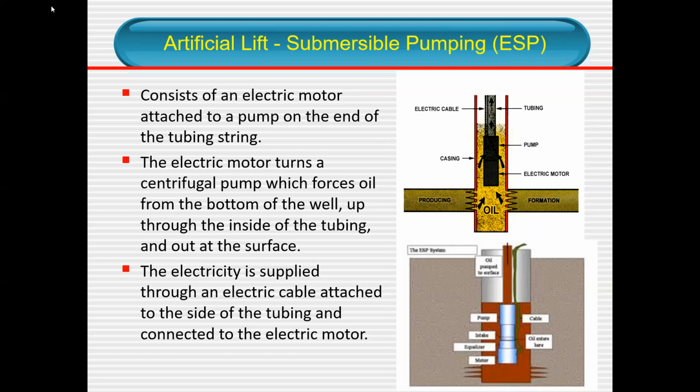This ESP, electrical submersible pumping, is being used largely in the Middle East, but we try to adapt this ESP to our Malaysian fields, to see if it is adaptable. Currently, it is going through testing. If it works well, I think we are going to bring more and more ESP to the Malaysian market to produce crude oil.